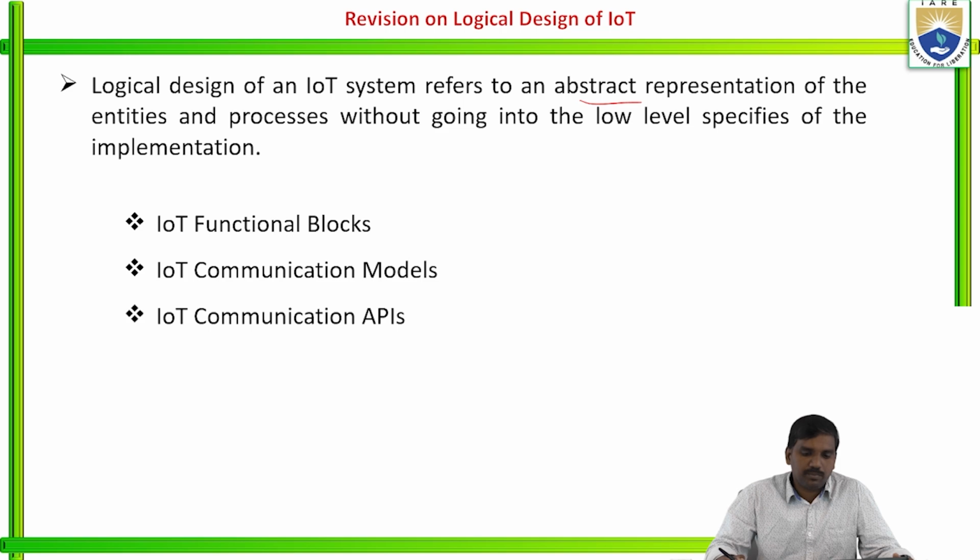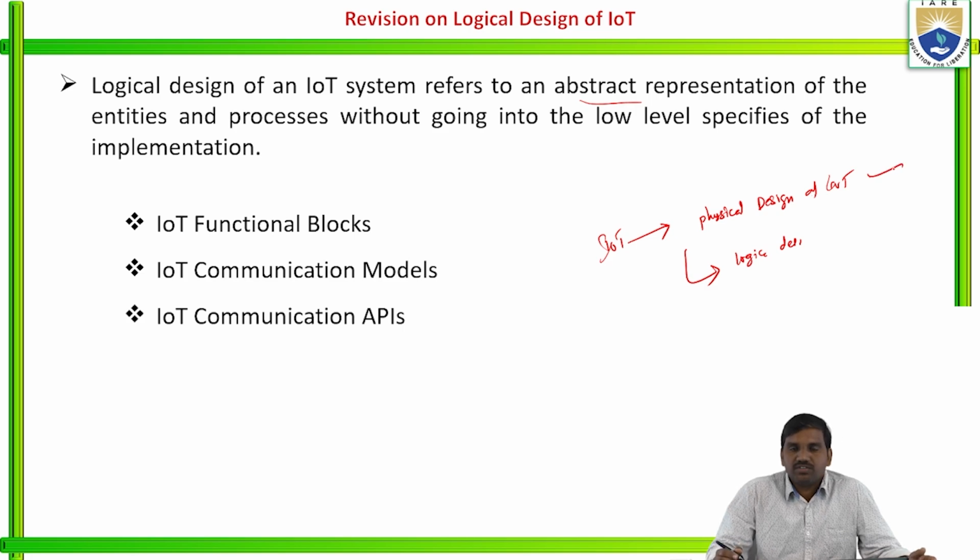That is the main aim of the logical design of IoT. Generally, the IoT levels and IoT specifications come under the physical design of IoT. So we have two types of design: physical design and logical design of IoT.